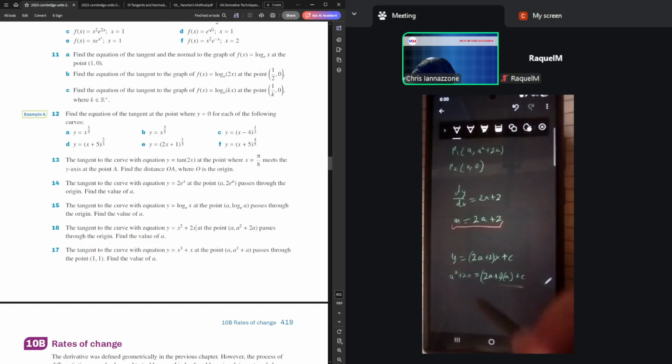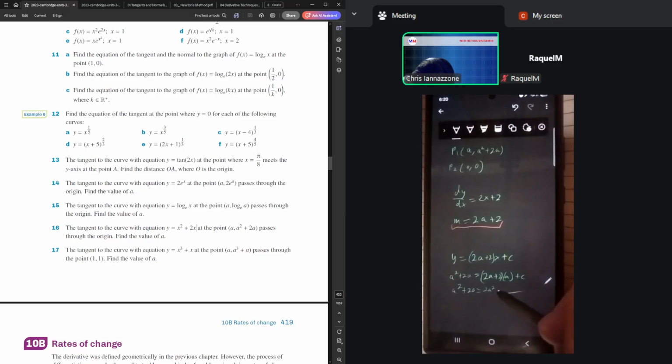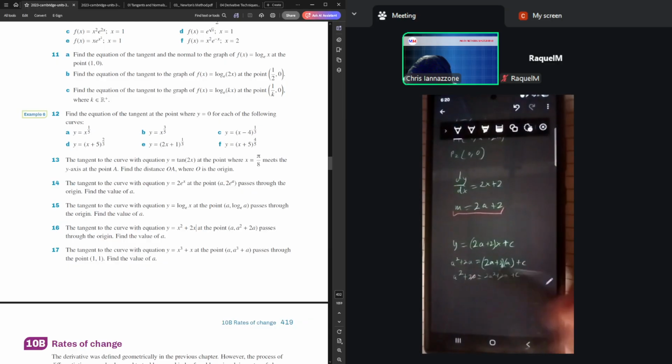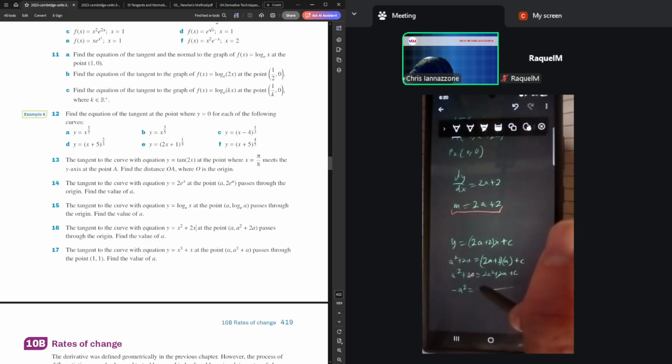Fully simplifying from here, a squared plus 2a equals 2a squared plus 2a plus c. The 2a terms cancel off each other, and one copy of the a squared disappears, so c is negative a squared.